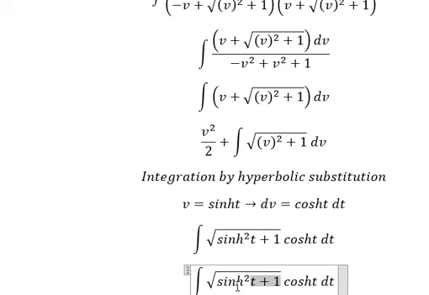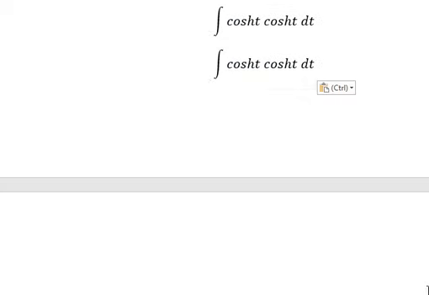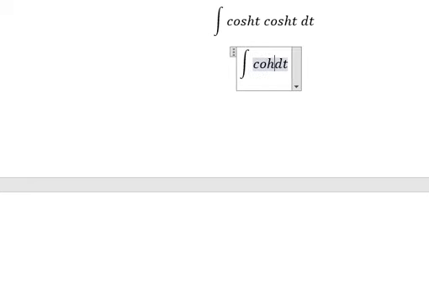This one we have cosh squared t, and we simplify the square root, and we have cosh t. Now this one we have cosh squared t.